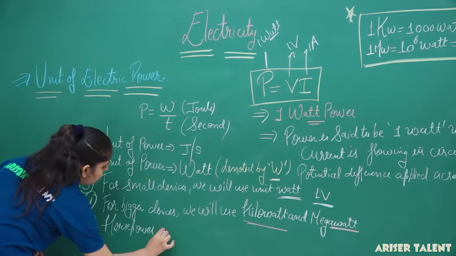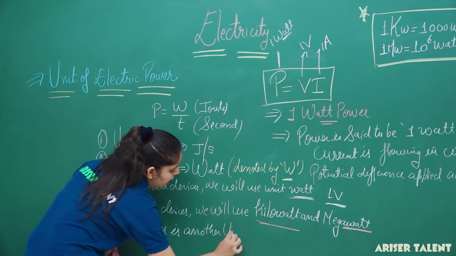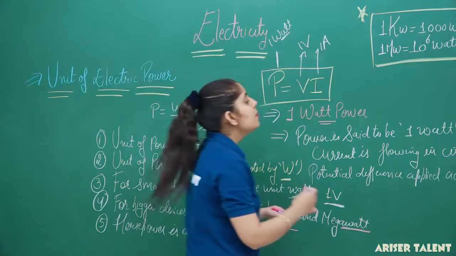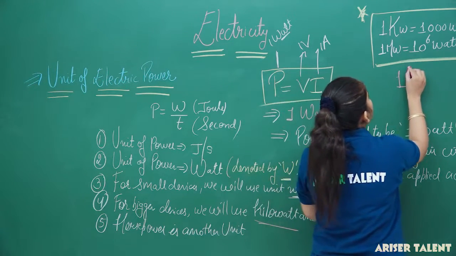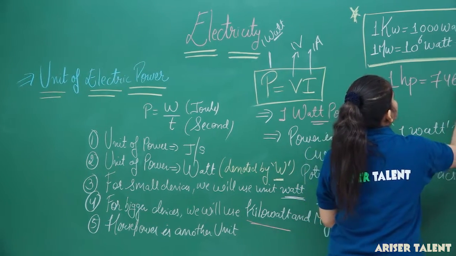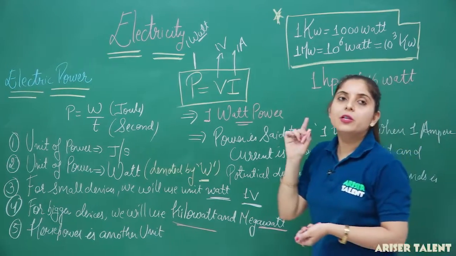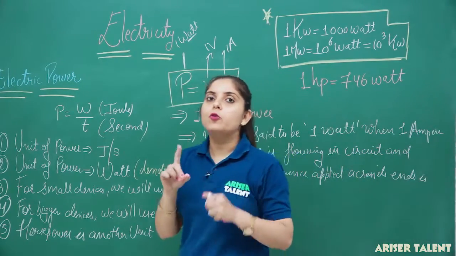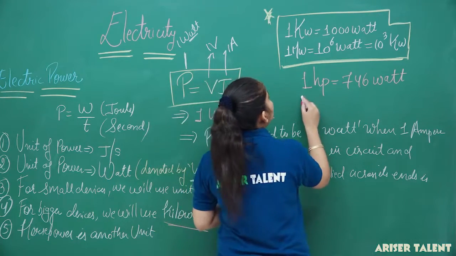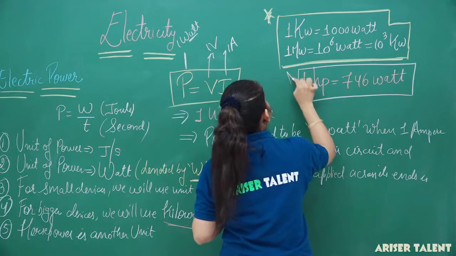Horsepower is another unit for calculating power, and 1 horsepower is equal to 746 watt. This is again a conversion formula we will use in the numericals if you have to find out the power in horsepower. So 1 horsepower is 746 watt, and it is a very important formula.